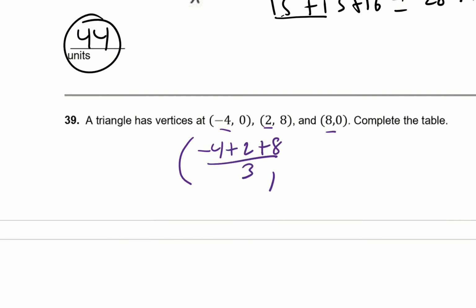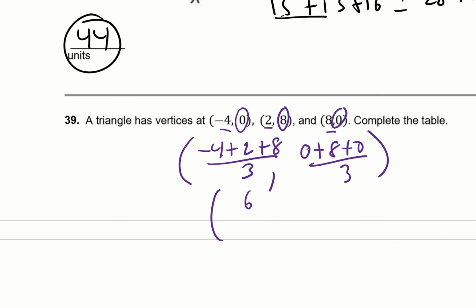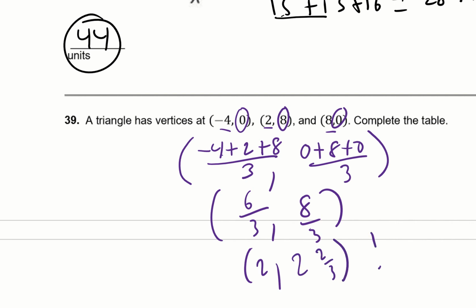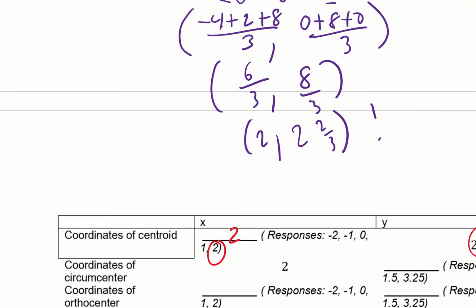So this divided by 3, because you've got 3 numbers, and average the y coordinates as well. And notice if we did that, we get -2 plus 8 is 6, 0 plus 8 is 8, and we get 6 divided by 3 is 2, 8 over 3 is 2 2/3. So pretty cool, right? That's how we can do the centroid quickly, just by doing the average.